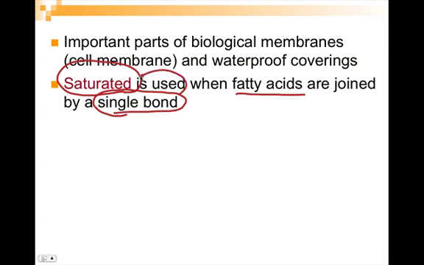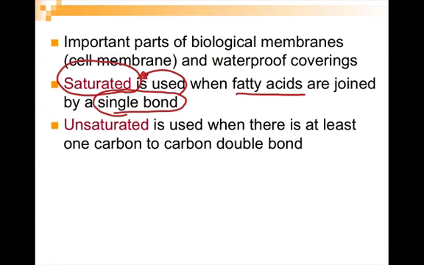So saturated is your single bond fatty acids joined together. Unsaturated is used when there is at least one carbon-to-carbon double bond within that particular lipid.